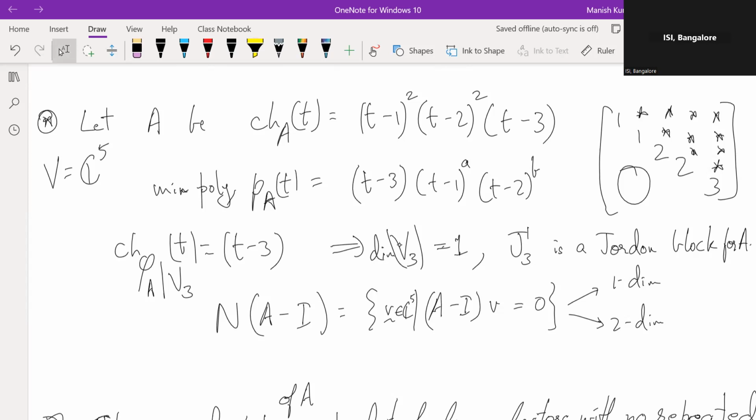You'll have to figure out the rank of the 5 by 5 matrix. You know that the rank is at most 4, because this is your A, and when you subtract I, the rank is at most 4 since the null space has dimension at least 1. To figure out whether it's 1 or 2, it can't be more than 2 as well; that you can also argue.